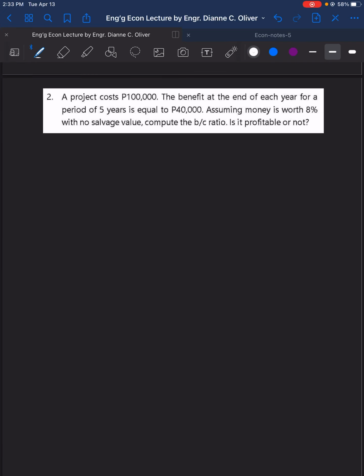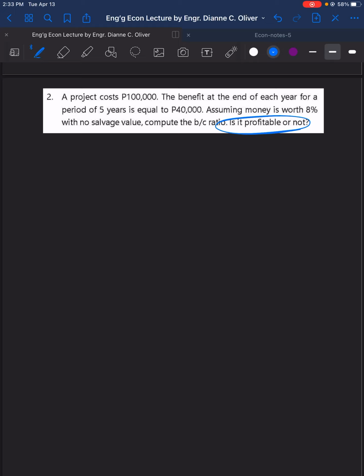A project costs 100,000 pesos. The benefit at the end of each year for a period of 5 years is equal to 40,000 pesos. Assuming money is worth 8% with no salvage value, compute the benefit cost ratio. Is it profitable or not?